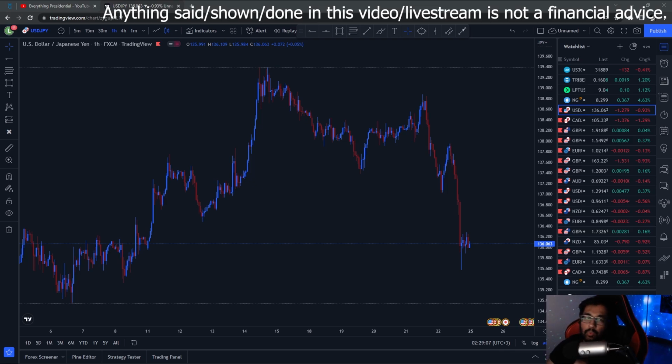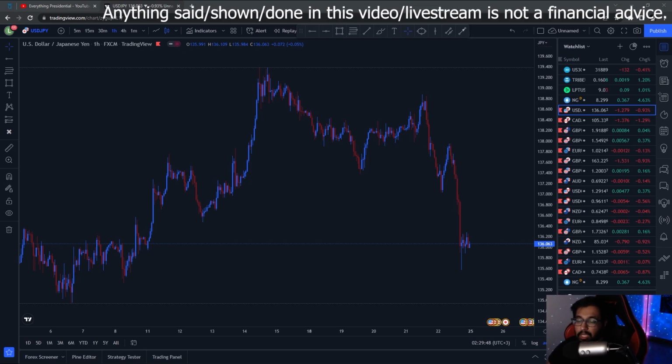The simplest, easiest way I can explain what order blocks are is that they are areas of support and resistance. First of all, the market is going to create an order block on the chart, and then in the future, when the market approaches or visits or tests that area of an order block, the market is going to reverse from there for a little bit, depending on what type of order block we are trading.